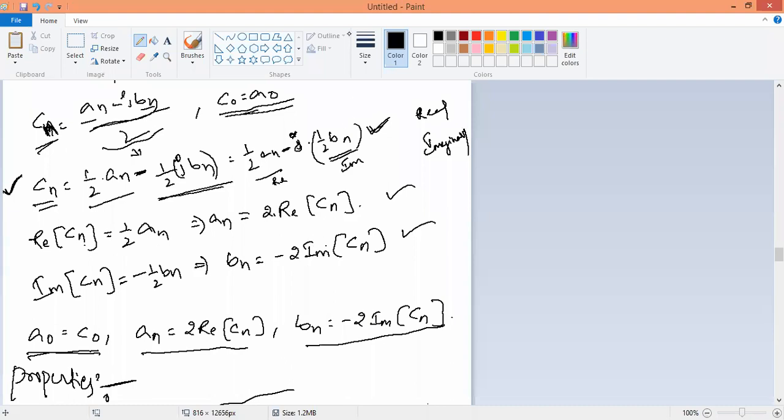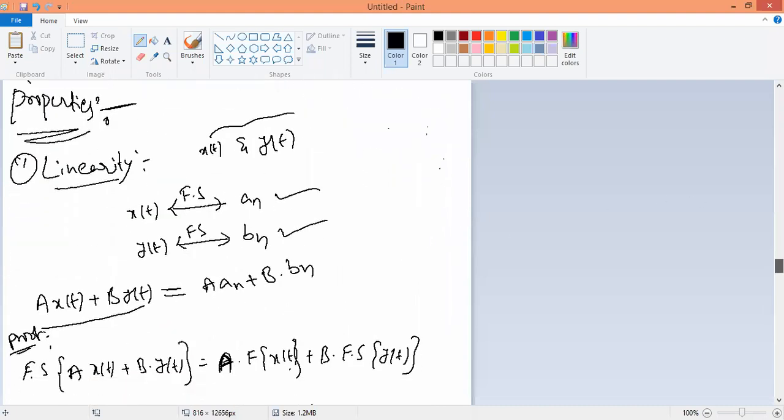If anyone has a doubt, please ask me in this topic. This is the relation between the coefficients of the trigonometric form and the coefficients of the exponential form, a naught, an, bn to the cn. If you have any doubt, please ask me. Otherwise, we will go to the next topic.